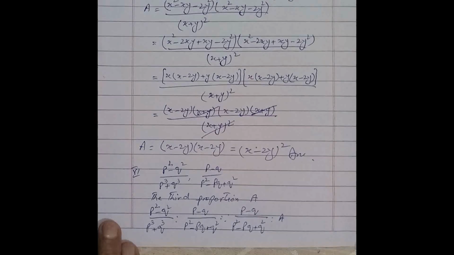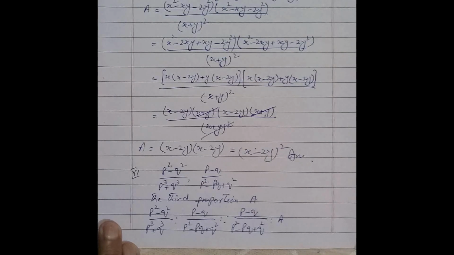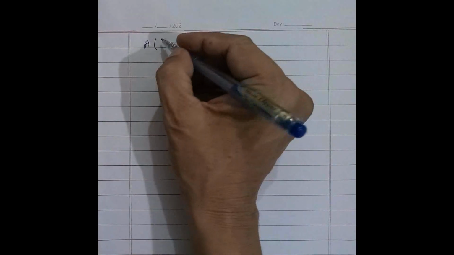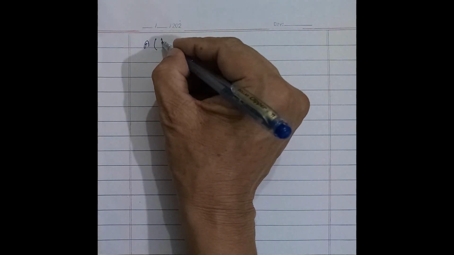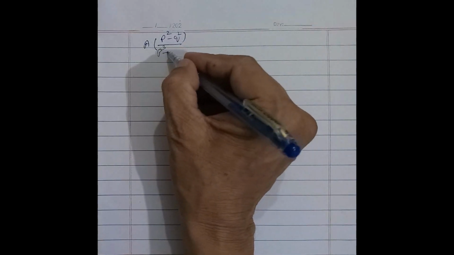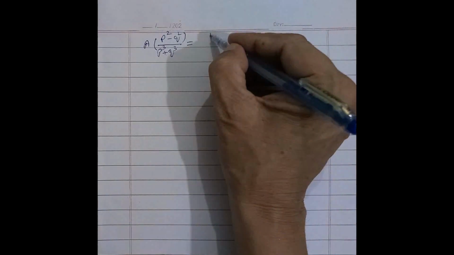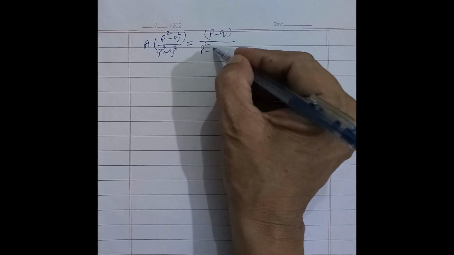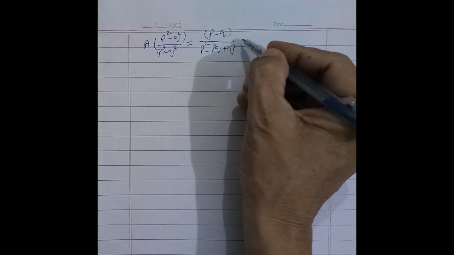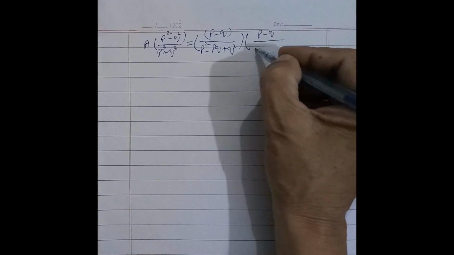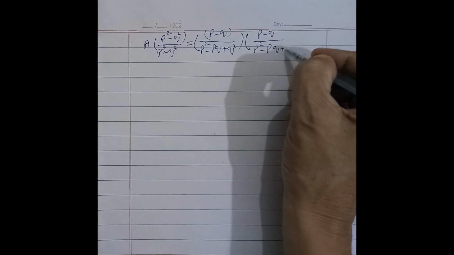Now we multiply the internal values. (p² − q²) over (p³ + q³) is equal to (p − q) over (p² − pq + q²), and the other value is (p − q) over (p² − pq + q²).